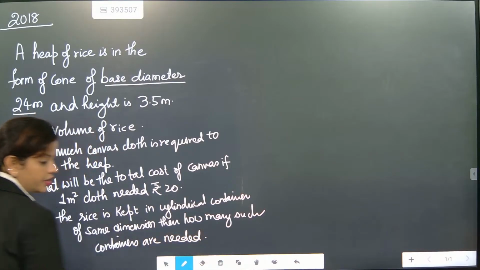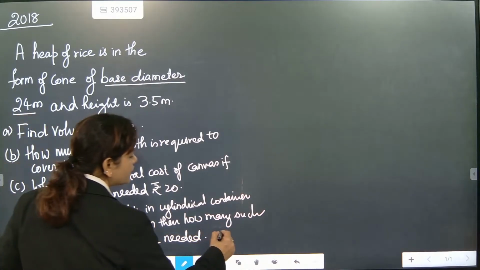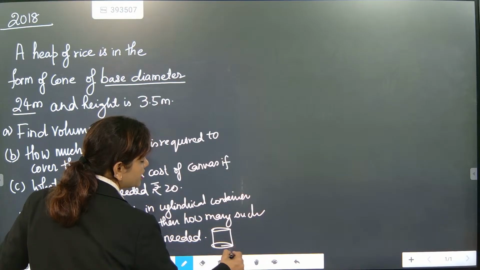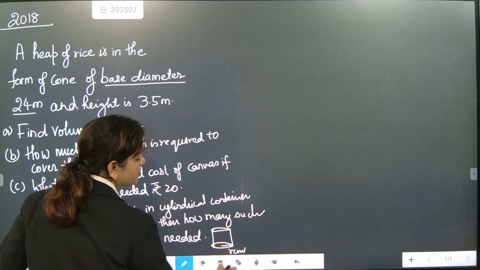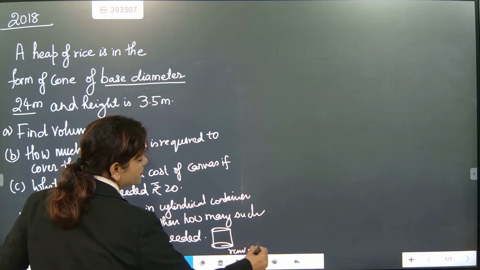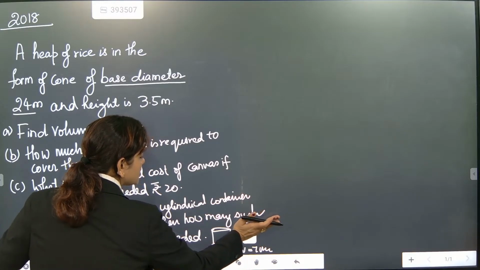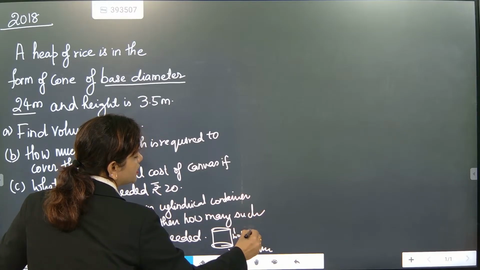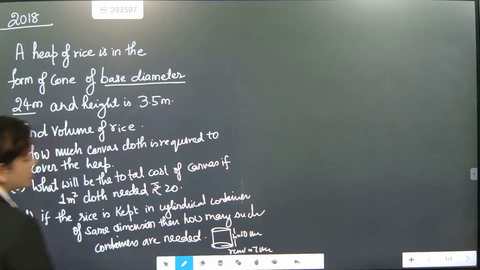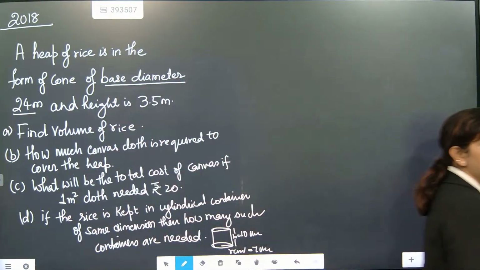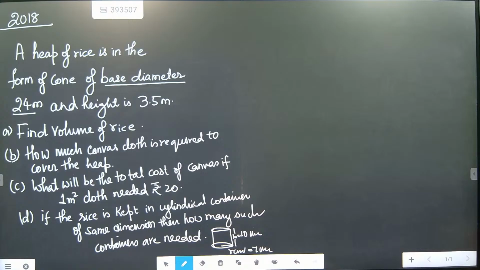This is a very important question. The dimension of the container looks like this. Radius is given as 7 centimeter and height is given as 10 centimeter. How many such containers will be filled? Come on, start solving the question, please. Get ready and start solving the questions.